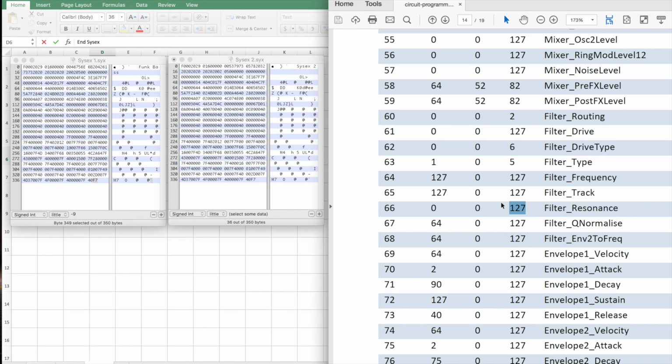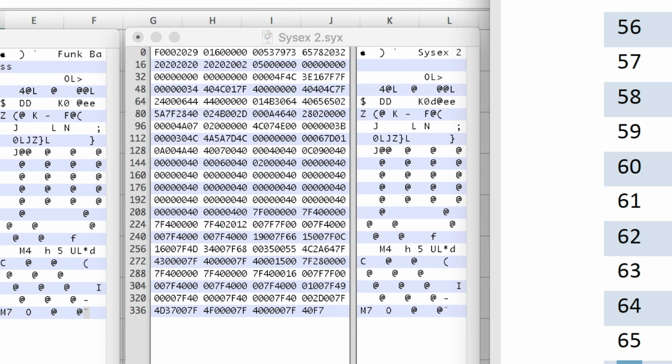But no, that's not how it works. There's been an offsetting here due to putting in the start byte of F0 and putting in the manufacturer name and all that stuff. That used up some bytes, and so you'll add 9 to any of these numbers. So we would look at byte 75 for the filter resonance.